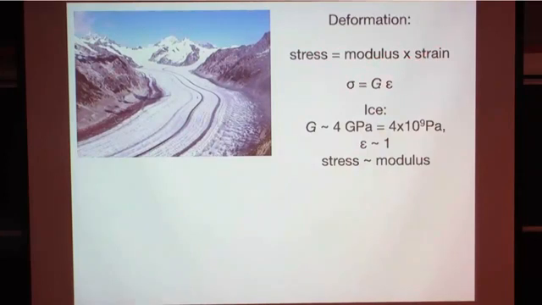Here's the stress, here's the strain, the shear modulus, and you can clearly see that solids flow. You can't see that as directly with the mantle. You have to take plate tectonics from observations. But here, with the glacier, it's pretty visual that you have crystalline ice, a solid, that flows. And you can calculate. The shear modulus of ice is roughly 4 gigapascals, 4 times 10 to the 9 pascals.